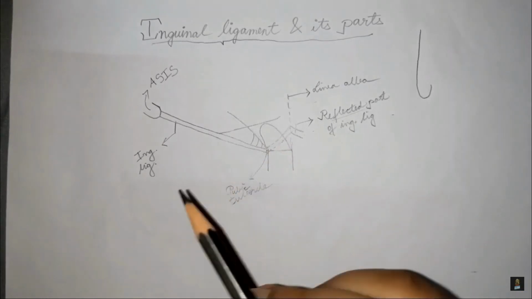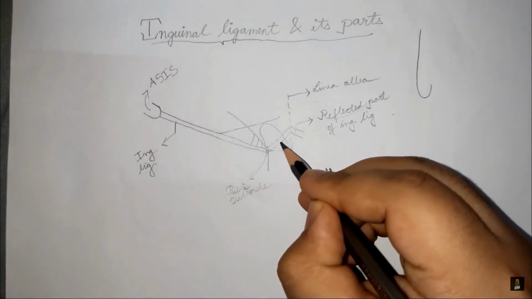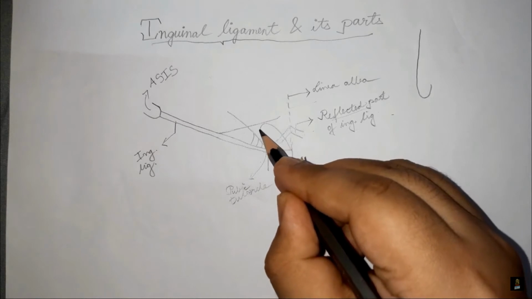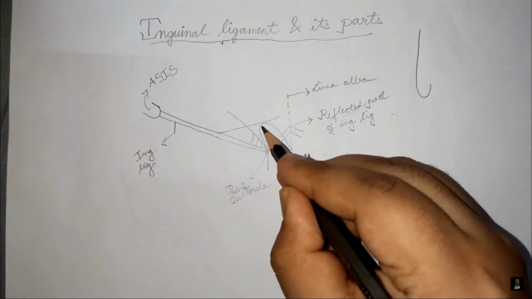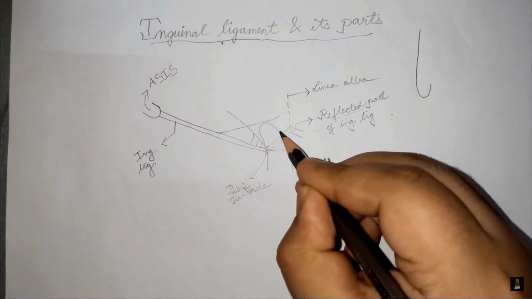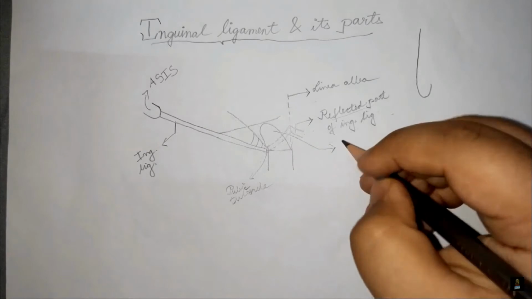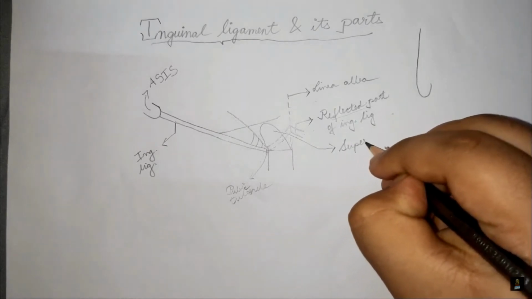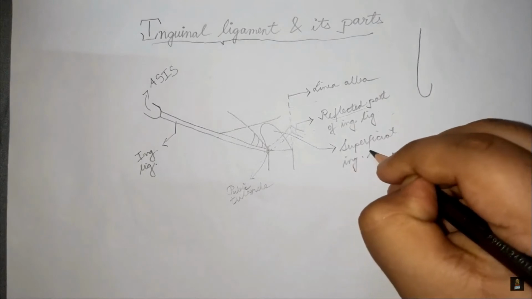Now, I hope you can appreciate that this U-shaped thing that has been drawn is nothing but the superficial inguinal ring.